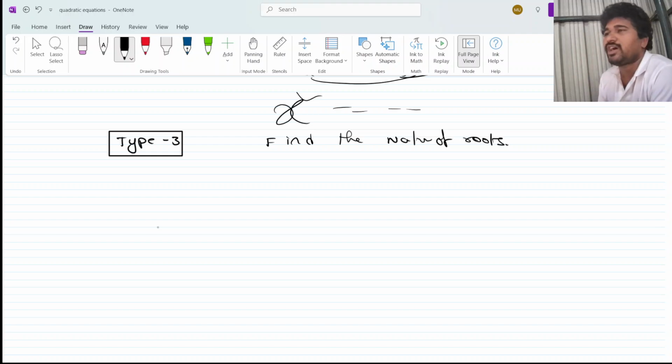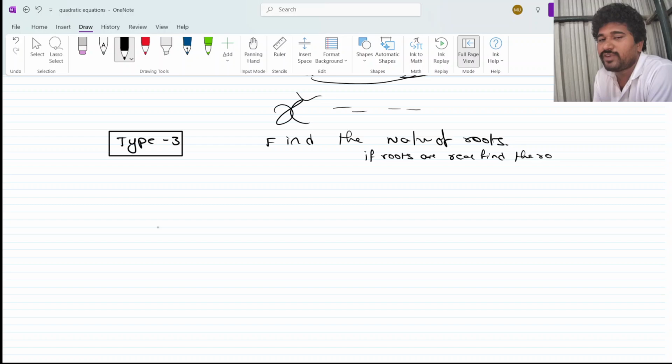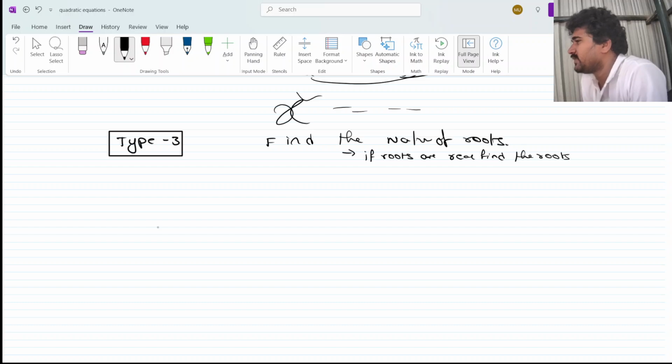If roots are real, find the roots. Very decently asked question. What he asked: find the nature of roots, and if the roots are real, find the roots. Like that, a very decent way.